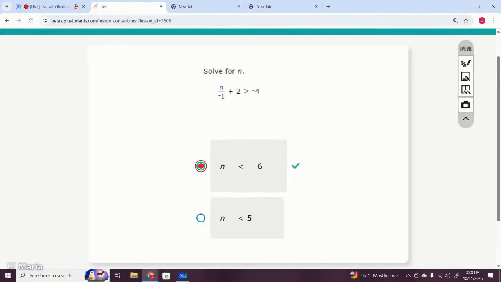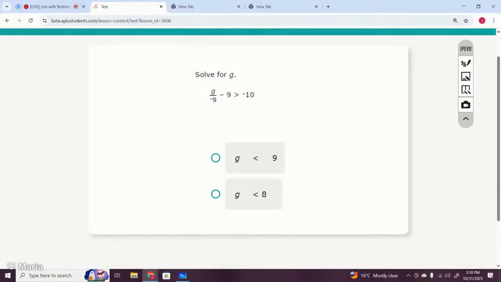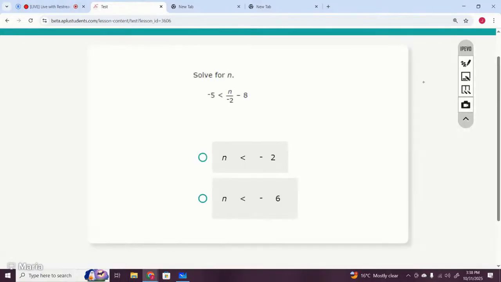Option number 1 is the correct option. G is less than 9. Option number 1 is the correct option.